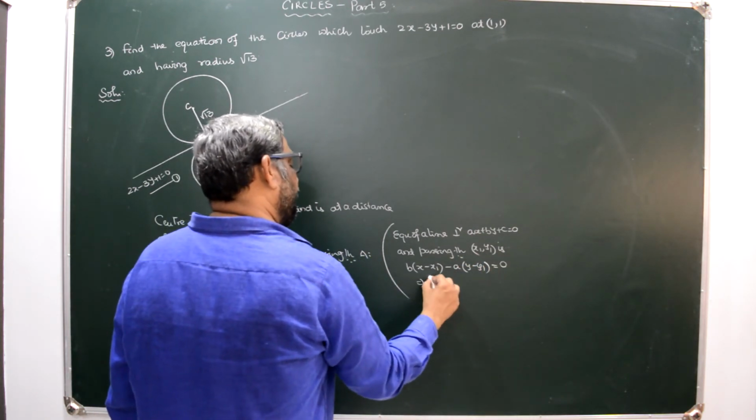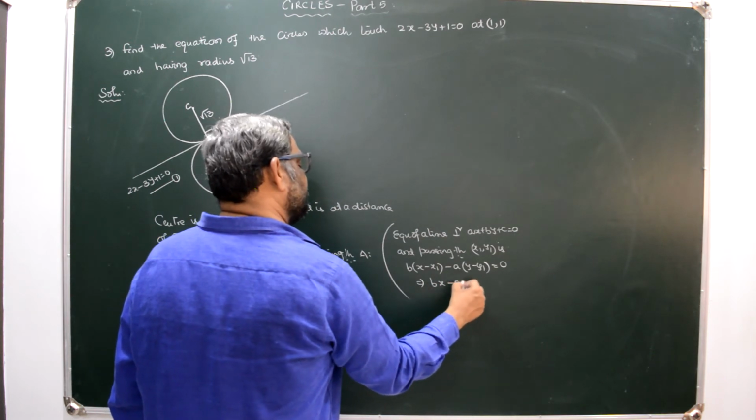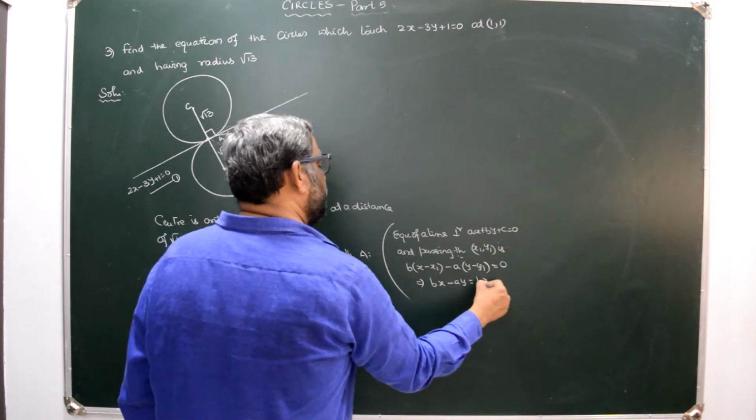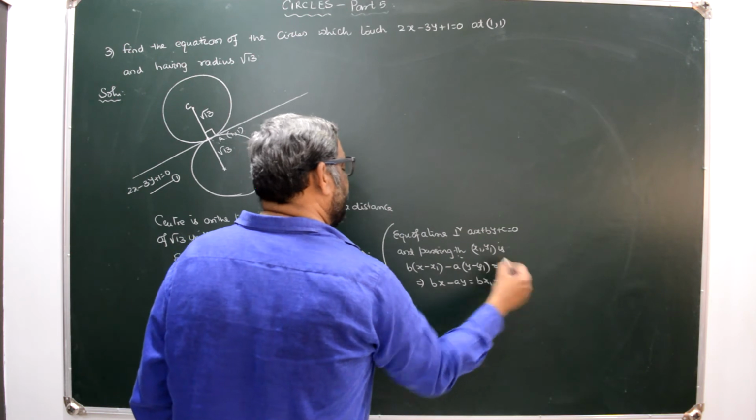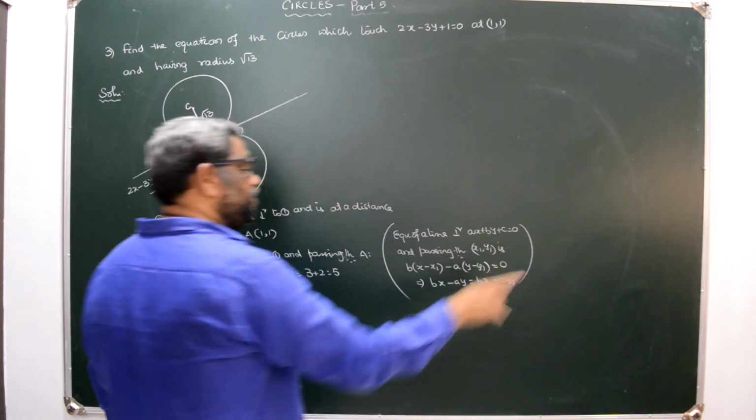This can be written as bx minus ay is equal to bx1 minus ay1. On expansion you can also write like this.